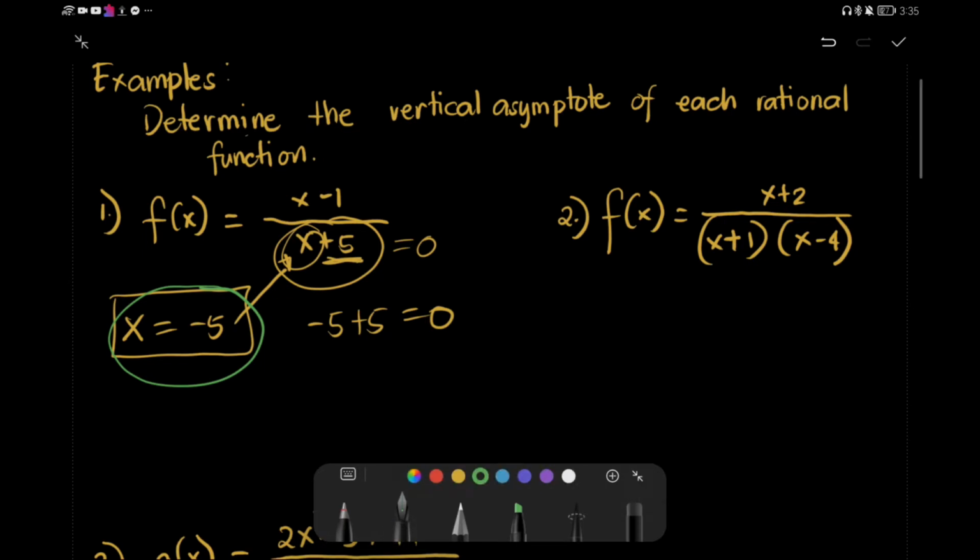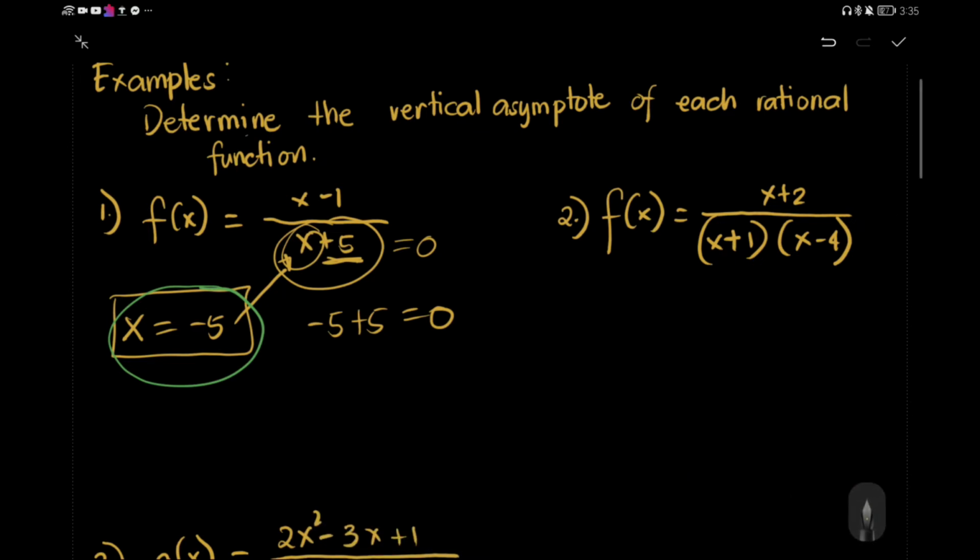Example number 2. Example number 2, we have here the denominators x plus 1 times x minus 4. So for x plus 1, the value of x that makes it 0 should be negative 1. Negative 1 plus 1, that is 0. So our first vertical asymptote is negative 1. And of course, since there are two factors, we need to find another value of x that makes this 0.